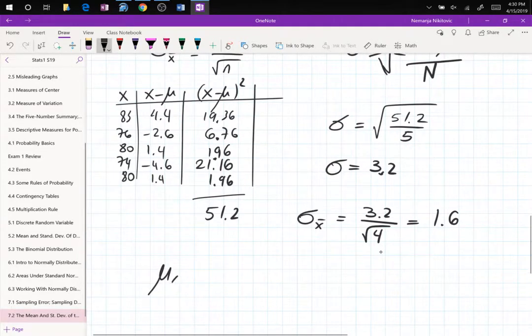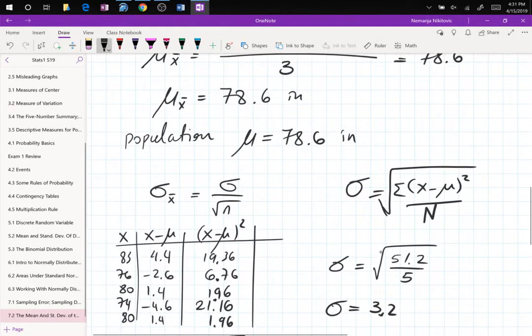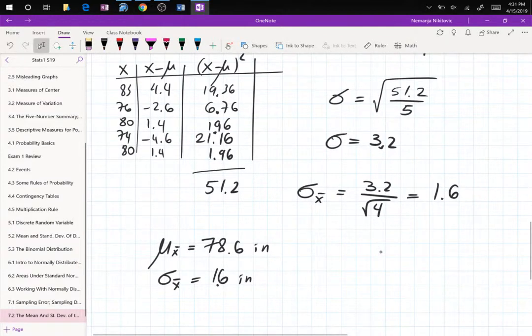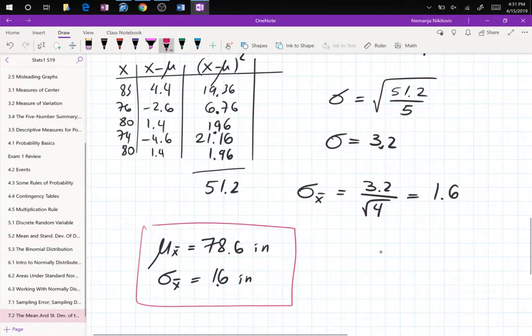So we have that mu x bar is 78.6 inches with a standard deviation sigma of 1.6 inches. And again, you are picking one decimal here because your data had no decimals, so you go one extra decimal from where your data is.